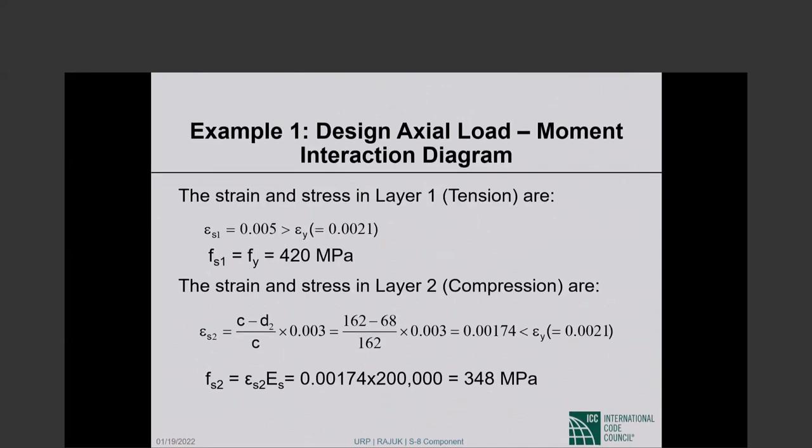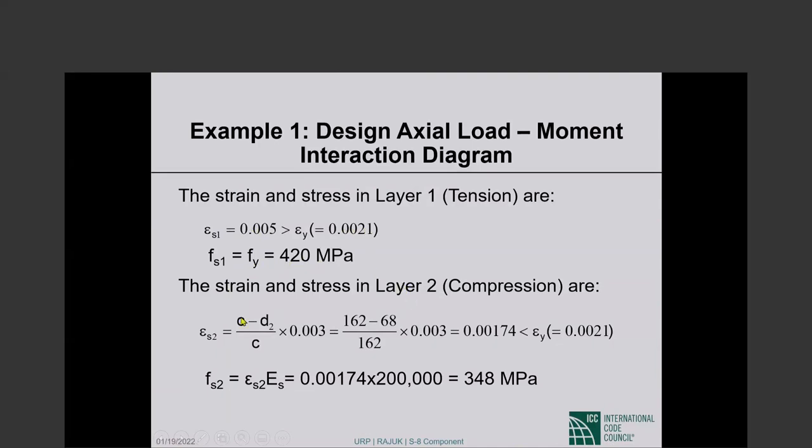The strain and stress in layer 1 by straight line strain distribution, no, we don't even need that. The problem statement said the bottom layer of steel has a strain of 0.005, which is larger than the yield strain. So the stress in that steel is 420 MPa.